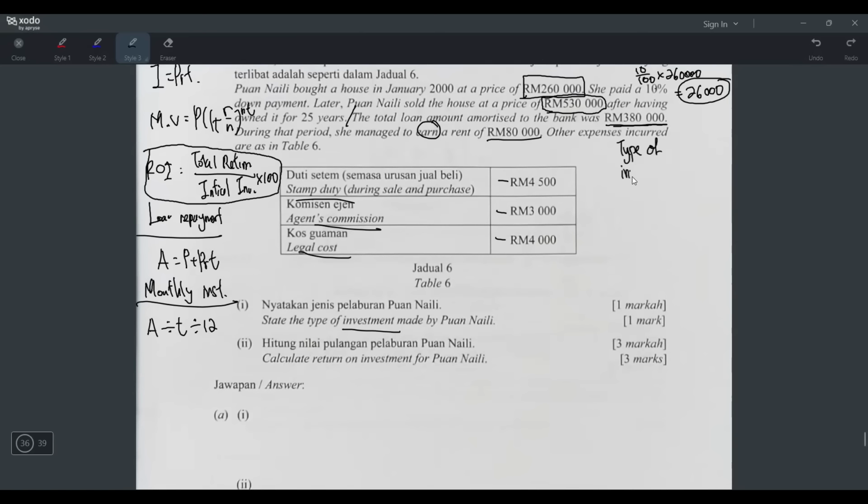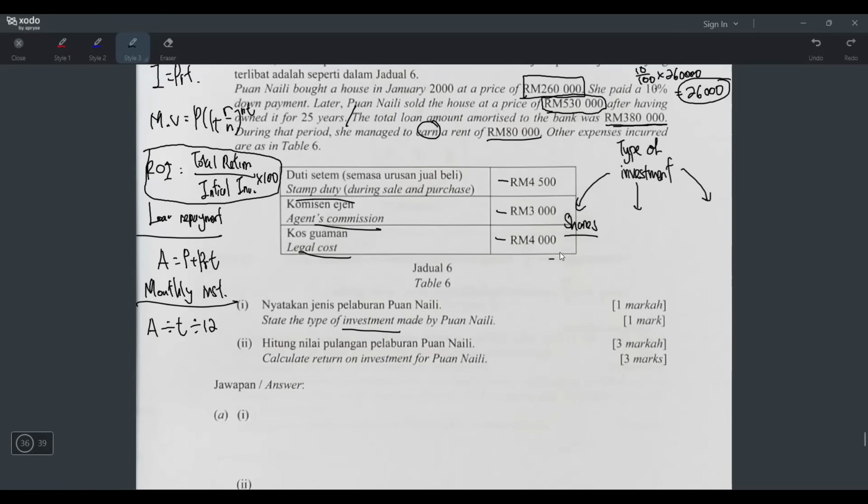Actually, you learn this in Form 3 and there are 3 types of investment. First type is called shares. Usually what happens is you buy the company shares, and after you own it for some time, you will sell it. But when you sell it, the selling price will be higher than the amount you spent at first, because you want to earn money, right?